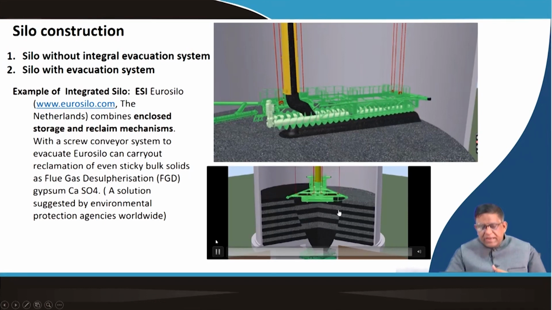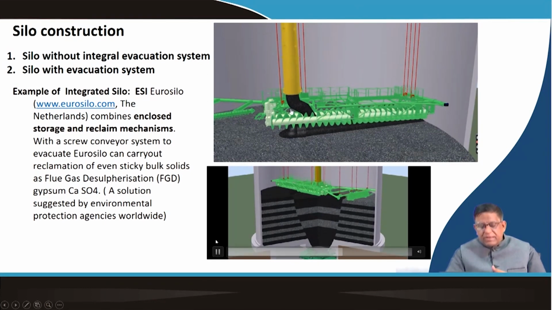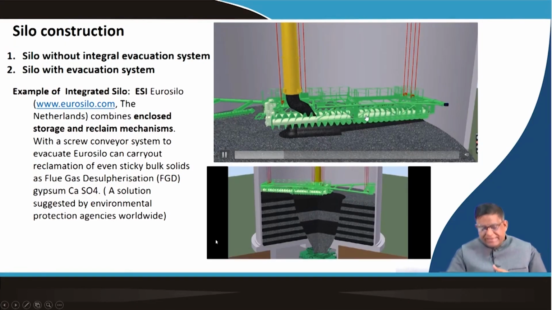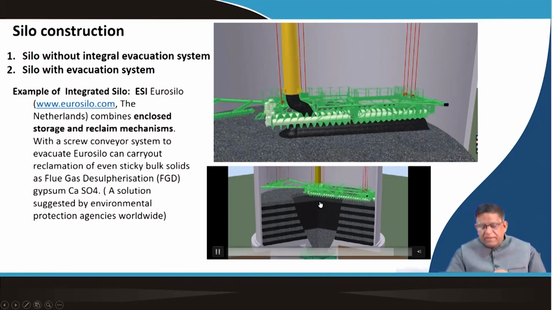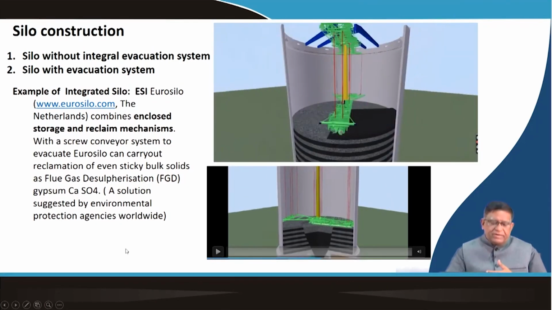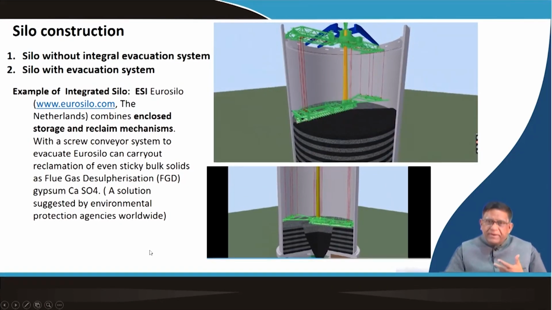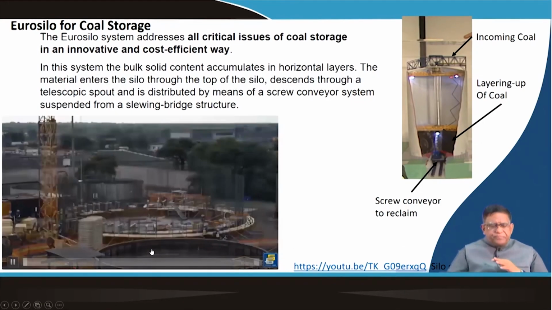So whether you are doing the evacuation or the loading, in both cases this screw conveyor helps you take the material and bring it into the funnel shape, so that the material goes in a better way.